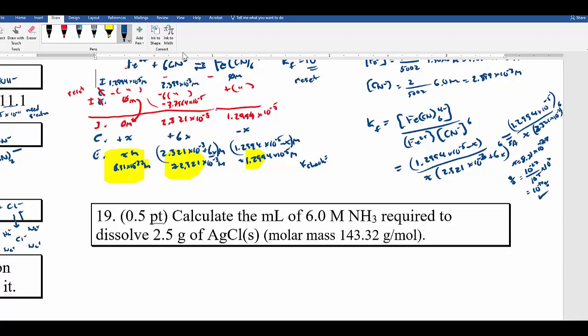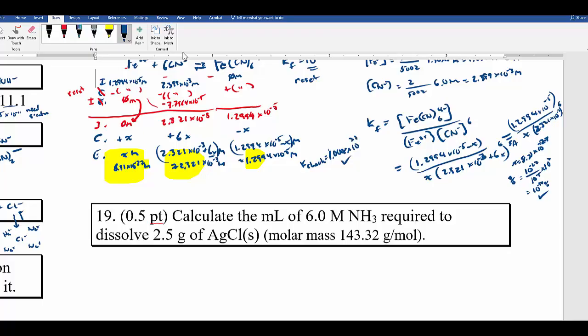So it's going to be 1.2994 times 10 to the minus 5 divided by 8.31 times 10 to the minus 27 divided by 2.321 times 10 to the minus 3 to the 6th power. Yeah, and the K check works out: 1.0002 times 10 to the 37.